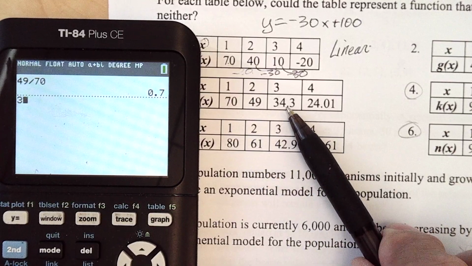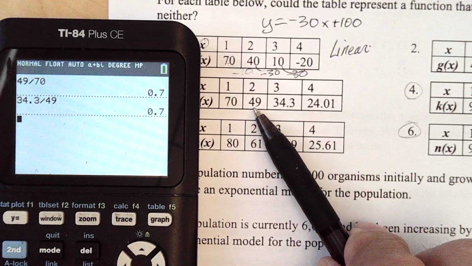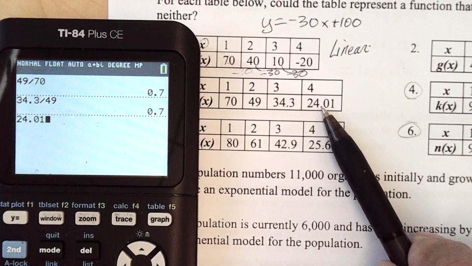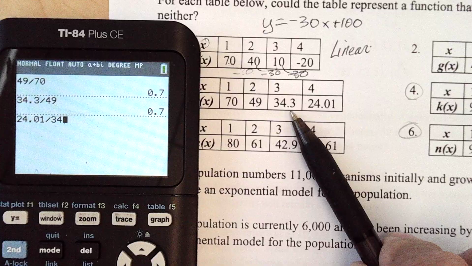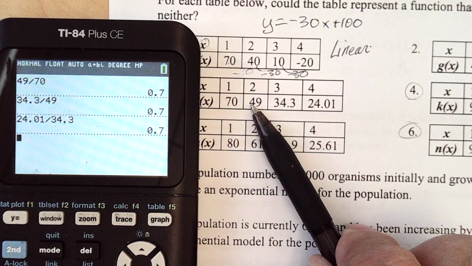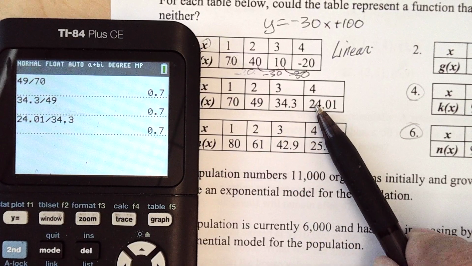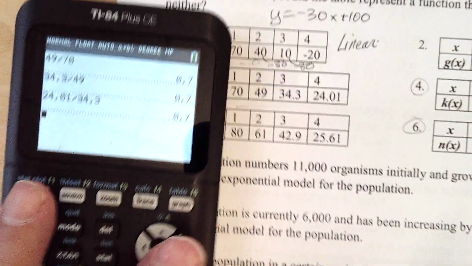I take 34.3 divided by 49, I get 0.7. And if I take 24.01 divided by 34.3, that must be multiplying by 0.7 and multiplying by 0.7 and multiplying by 0.7. That makes it exponential if it's multiplying by the same factor every time.